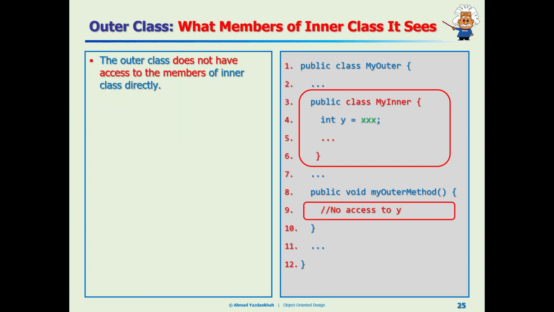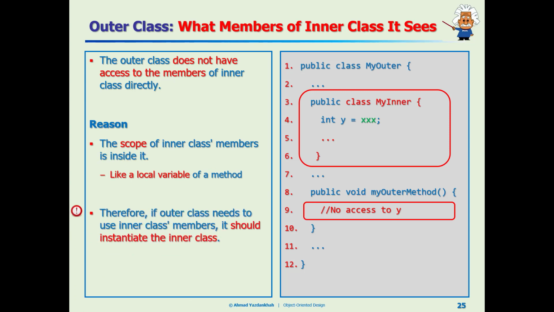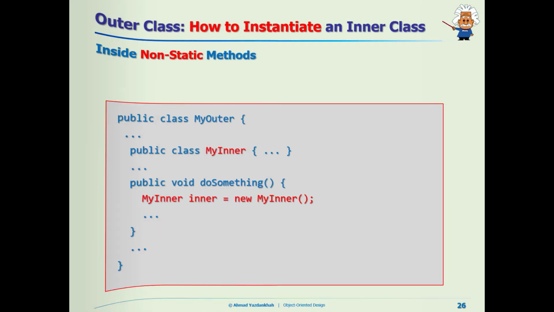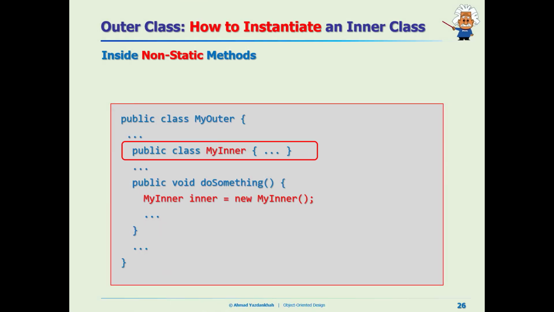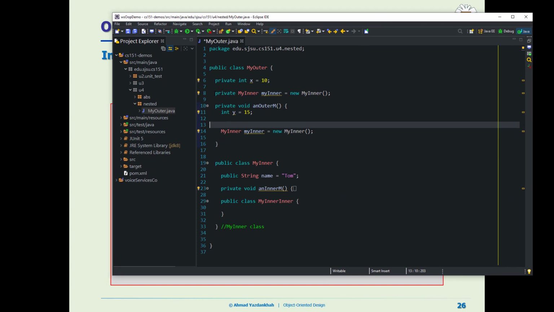Yeah, so I explained all of this, and these are just for your reference. Now the question is how we should instantiate an inner class inside an outer class. Actually we already did this. You see here I instantiated here and also here.